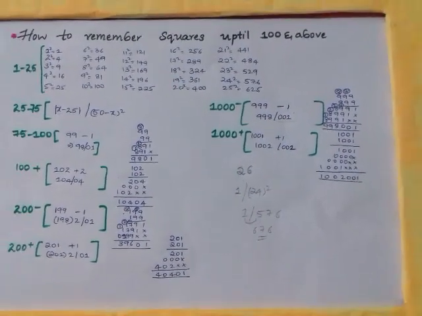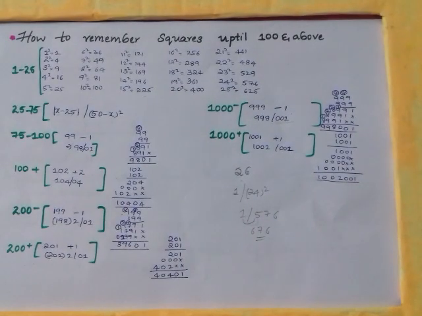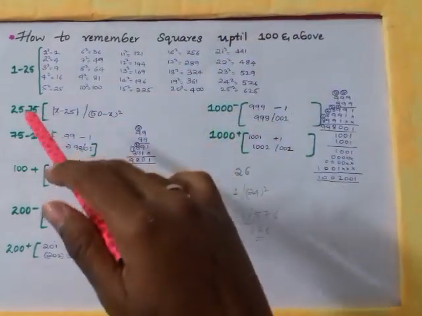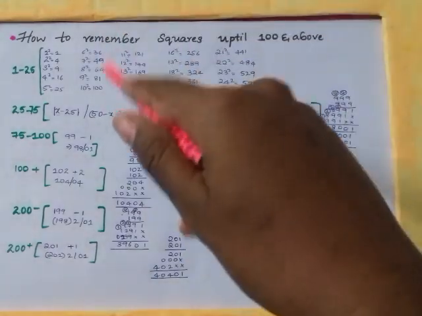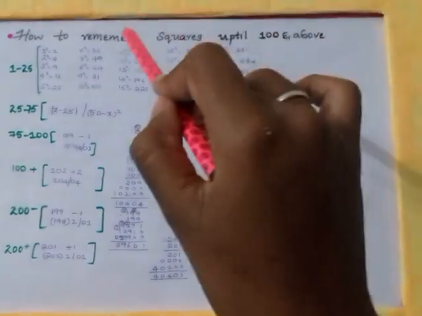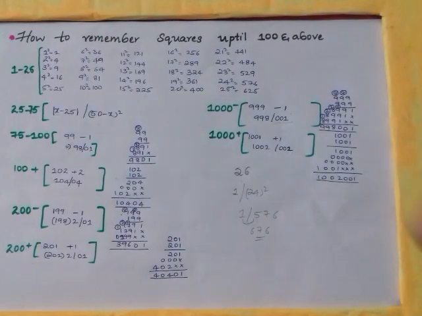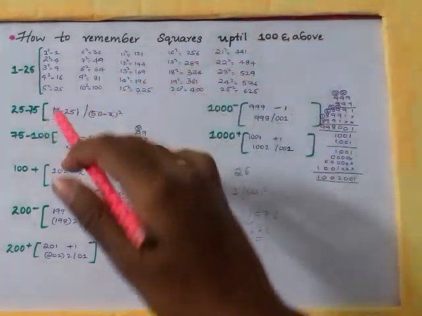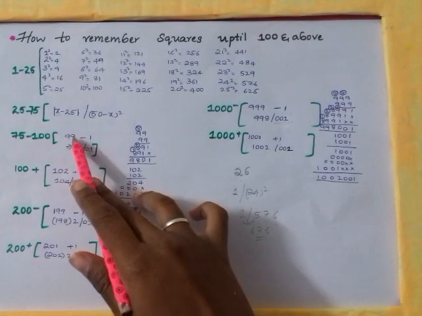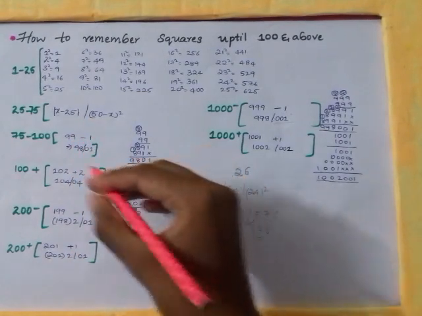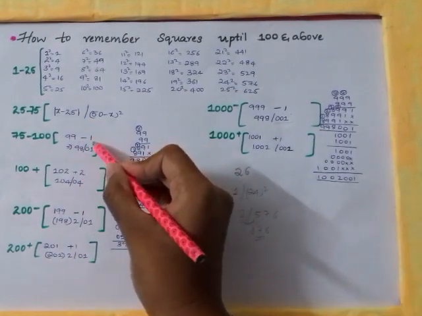The next slot is from 75 to 100. The squares of the numbers between 75 and 100 can be determined like this. Let us go with 99. 99 is 1 less than 100.